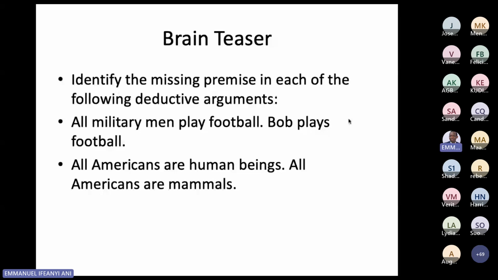Answer correctly. Which fallacy is committed by the following? All A's are C's, all B's are C's, therefore all A's are B's.